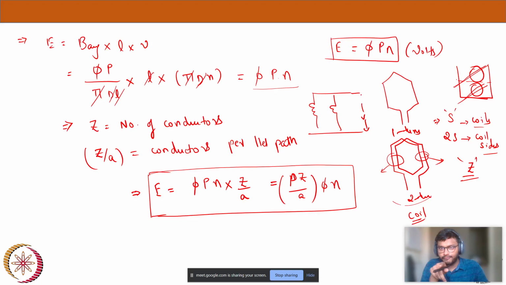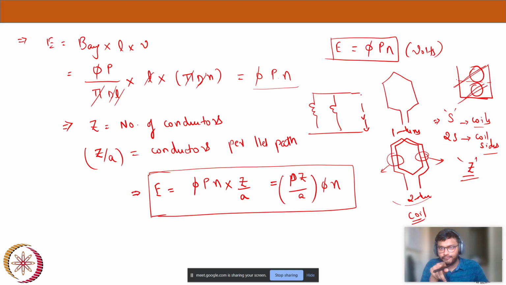The nature of the field distribution will be trapezoidal, based on the pole structure and also the air gap. And in the figure you can see the distribution of conductors under each pole.